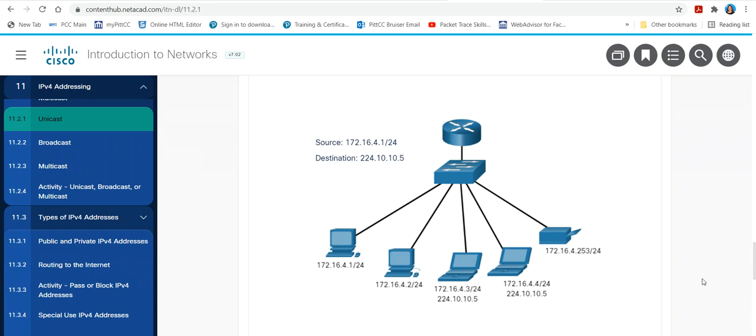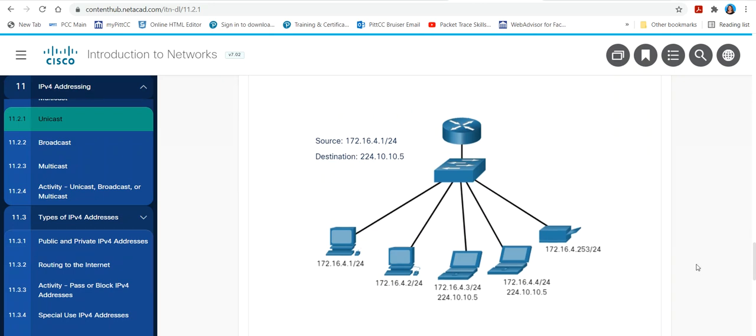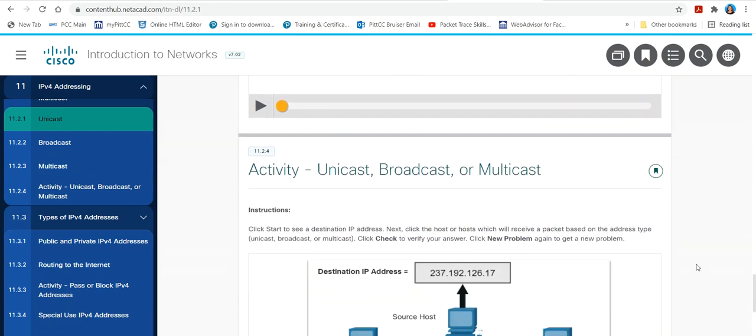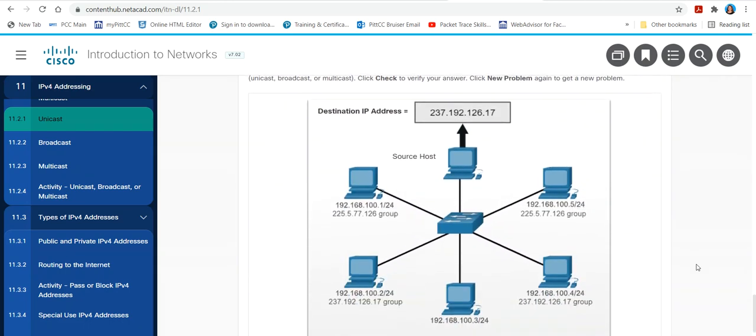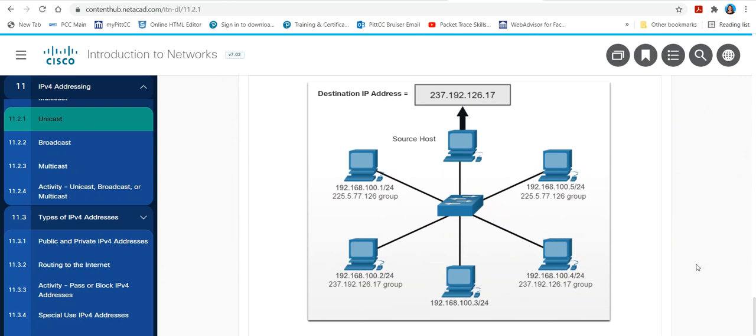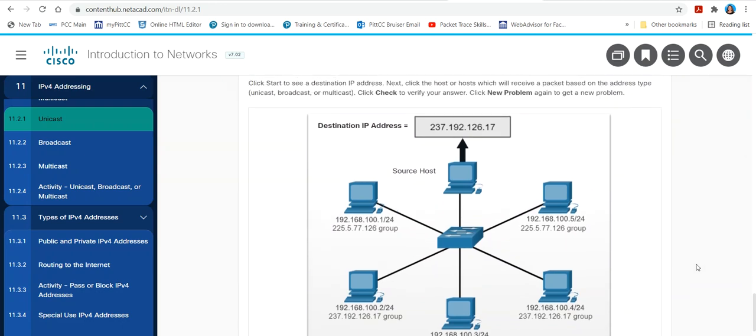So let's look at one scenario in the activity exercise. You have a destination IP address of 237.192.126.17.